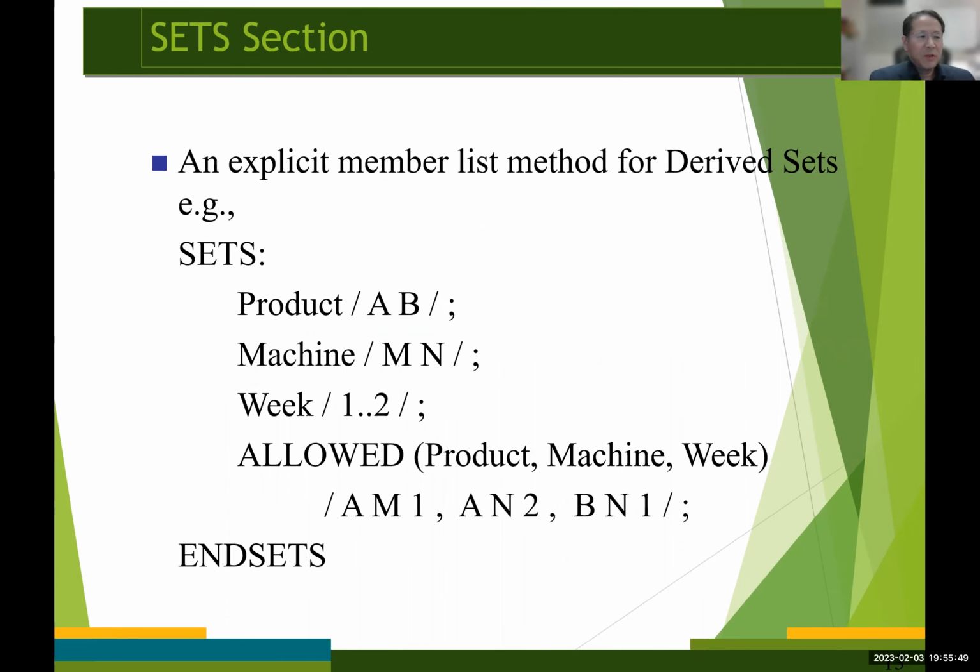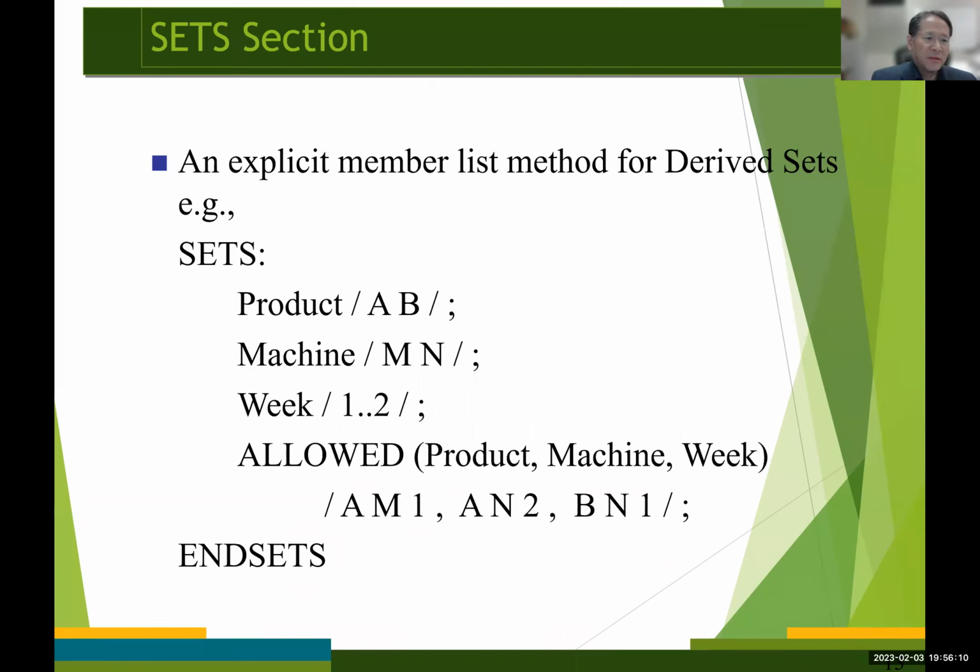So returning to this example, if we had used an explicit member list in the definition of the derived set, allowed, like this, then allowed would not have the full combination of 8 members, right?